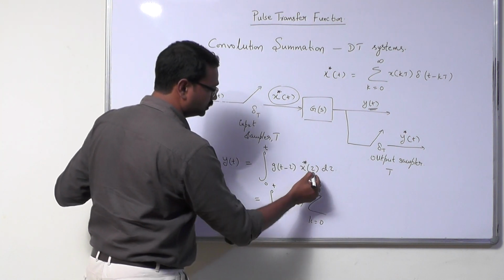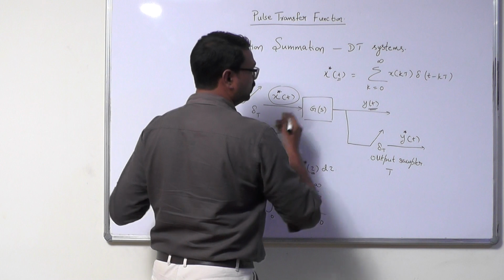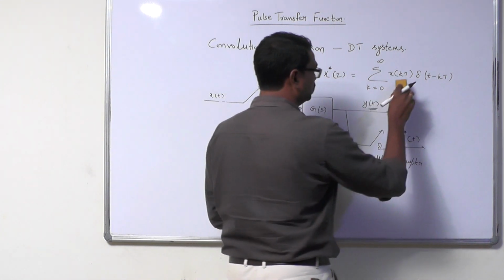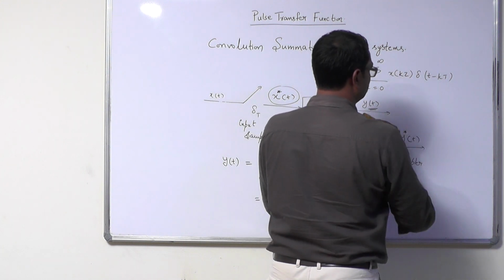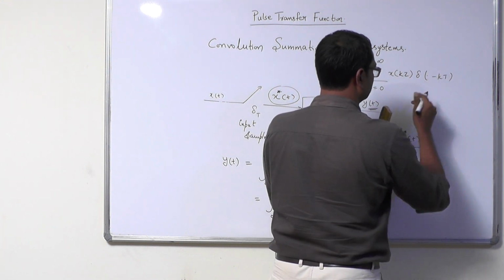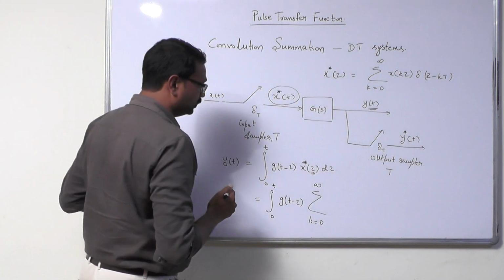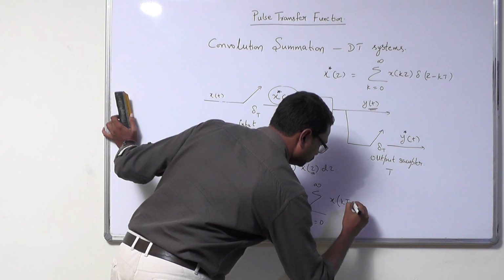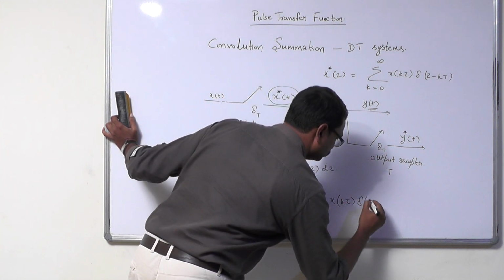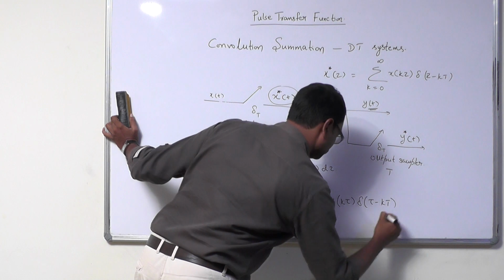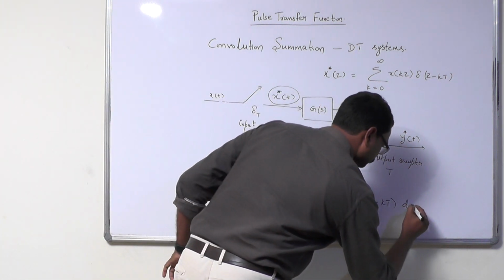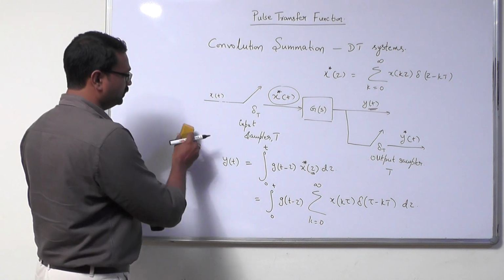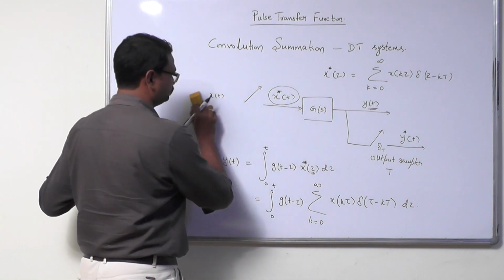Here I am using tau, therefore instead of t I will use tau here. I can replace this with x of kT delta of tau minus kT d tau.